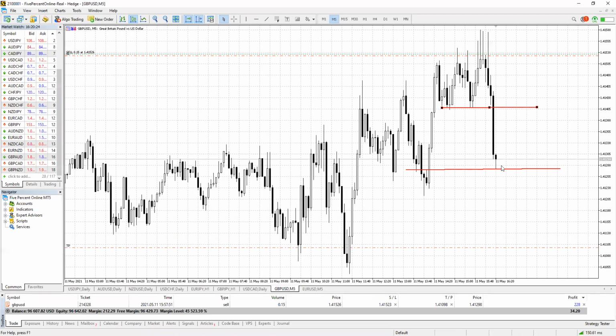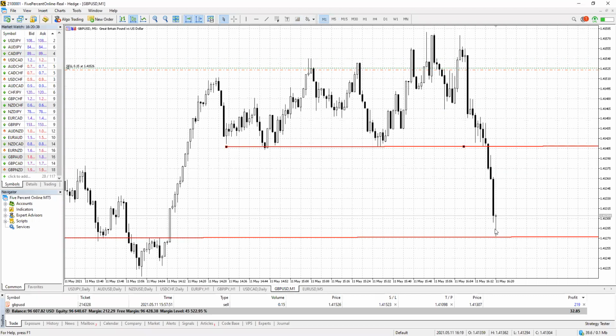I just don't think the sellers will break this level so easily. The buyers will step in, the sellers will try, but for the sellers to try it, they need to test this area several times.